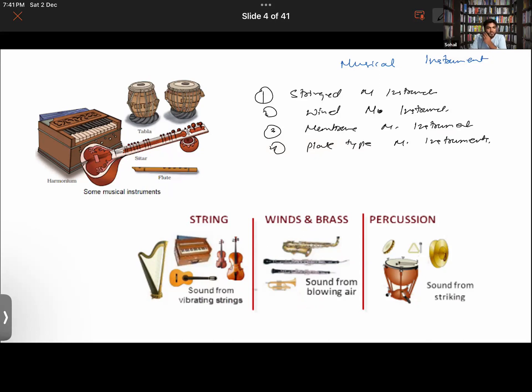A person that sings gives a melodious song, and these musical instruments will also give a melodious sound, and all of them produce sound at different frequencies. तो बेसिकली म्यूजिक में क्या होता है ना, why these are called musical instruments, because with the help of these instruments we get to see an arrangement of sound of different frequencies. हम sound play करते हैं और सभी different frequencies पे play होते हैं, right?